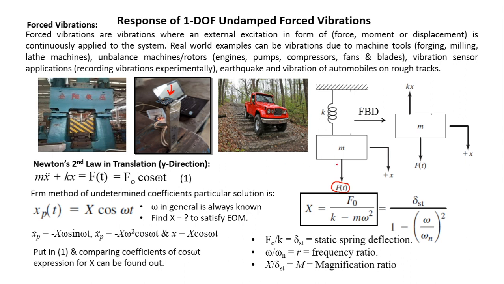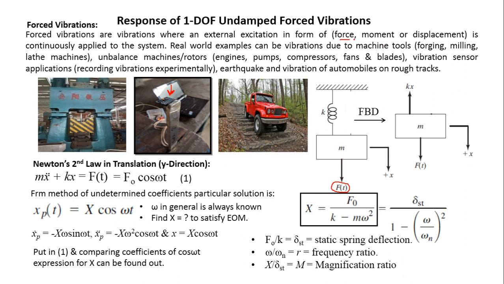So in a simplified manner, we assume an inertia element, okay, which is a compulsory element of vibration problems. So we assume an inertia element, and on this there is a spring attached. So this is a stiffness element, okay, and then there is an excitation function being applied continuously on this system. That can be anything.